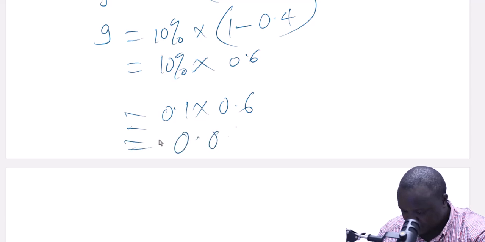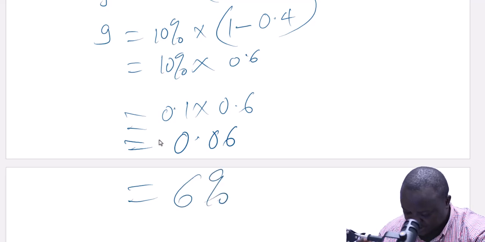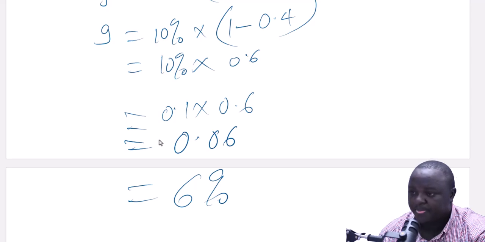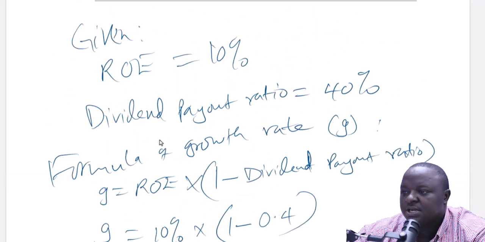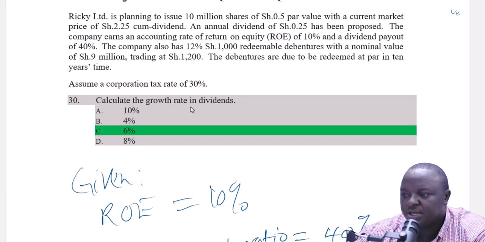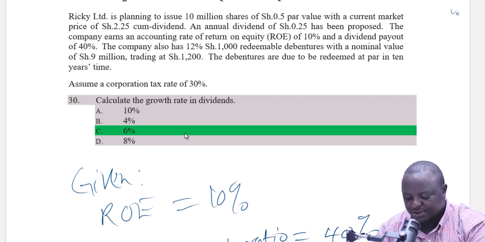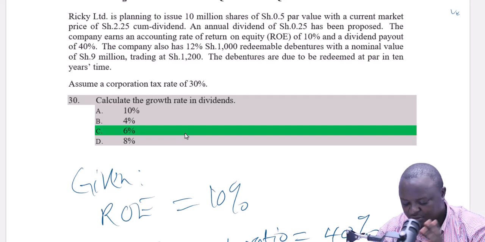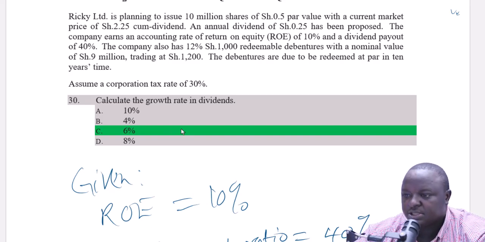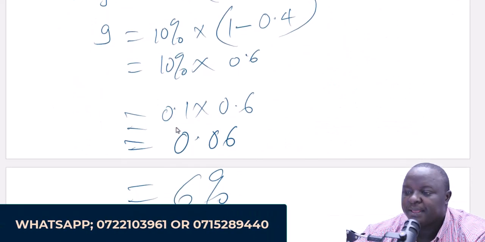You will get 0.06, which equals 6% in terms of percentages. So we are being asked to calculate the growth rate of dividends. The growth rate will be 6%. This reflects the balanced growth achievable for an investment of 60% of earnings at 10% return on equity.